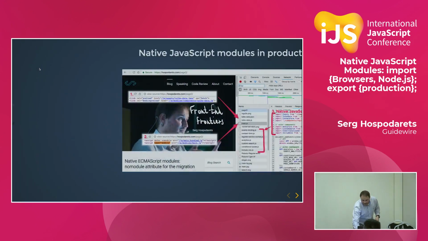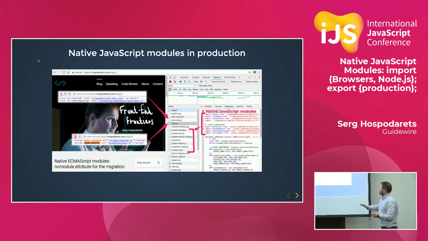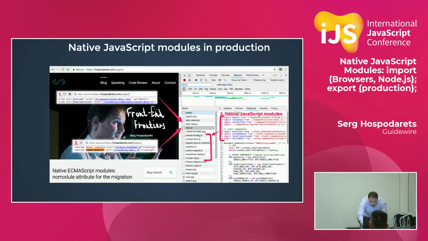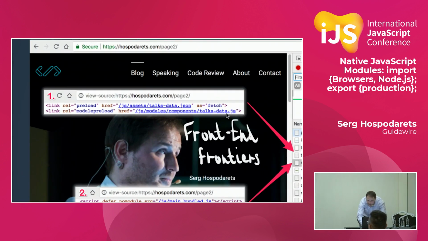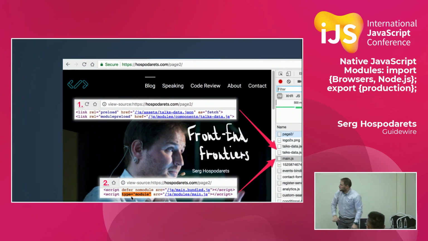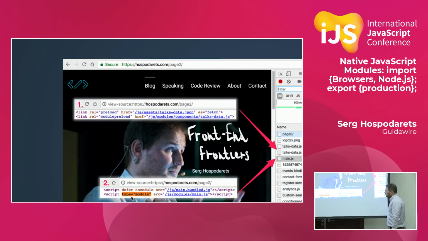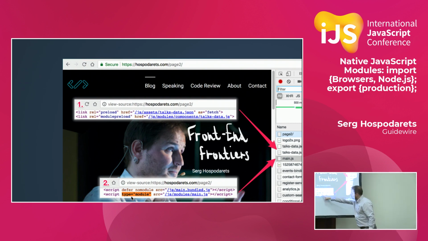Okay, and here is actually my site. You see here I'm using module preload to make sure that talks data.js will be loaded before. I'm also using the migration approach, so my bundled module, you see, I added the attribute nomodule, and here is my entry module which I use for Webpack, it was main.js.